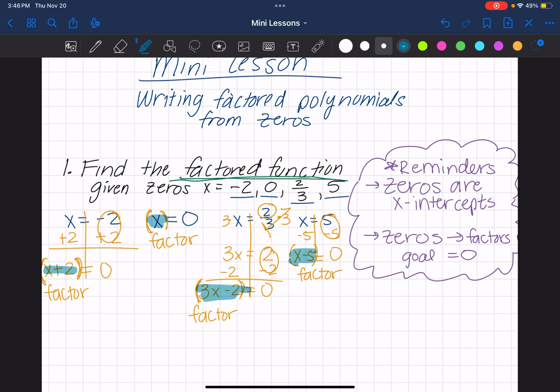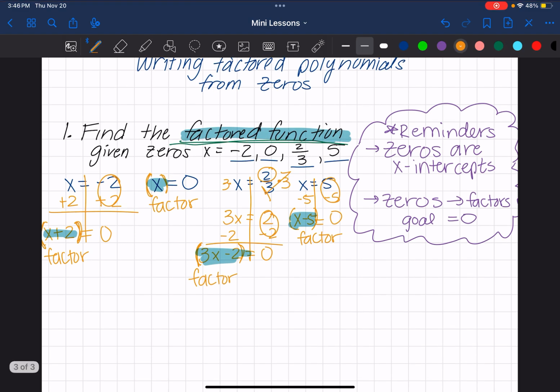Once we have found all of our factors, our next step is to take it into factored function or factored form. So we are writing an actual equation here. So to start a generic equation, we're going to do f of x equals, and then we are going to just set all of these factors in their parentheses next to each other because factored form means that they are being multiplied together.